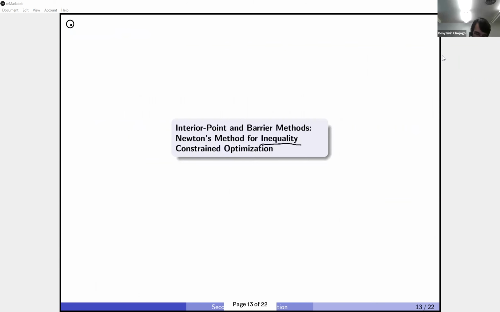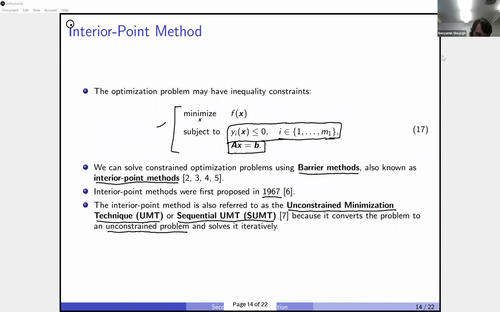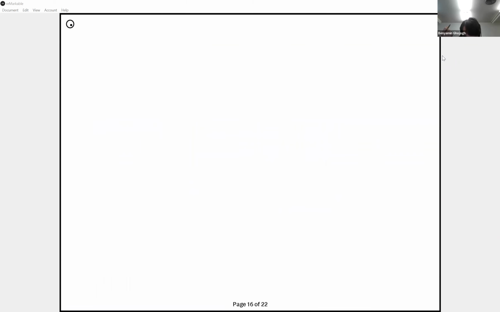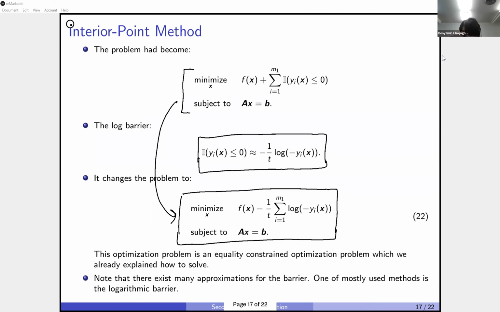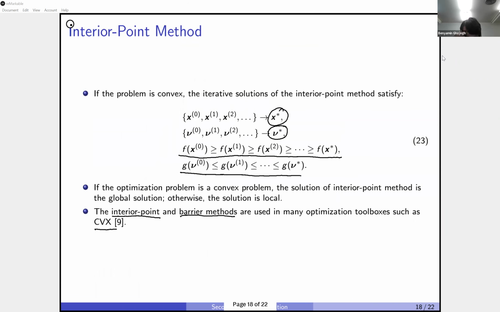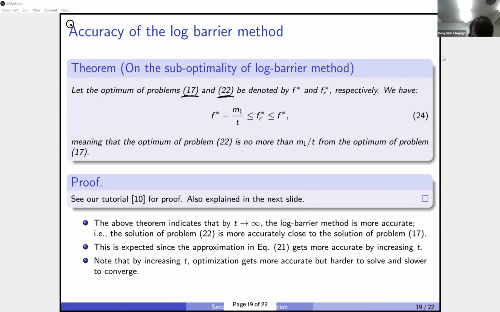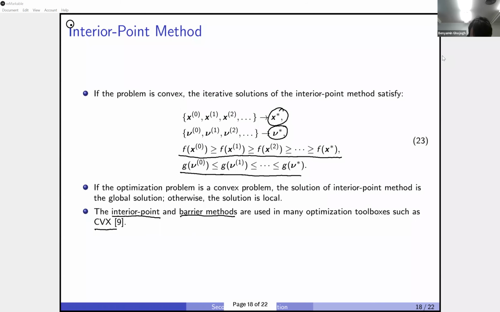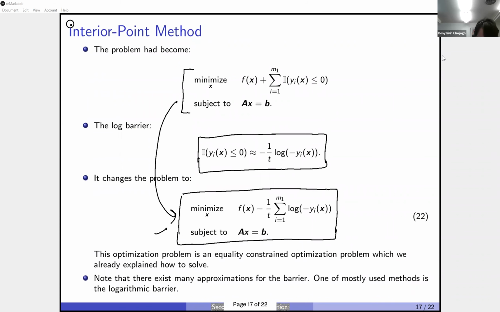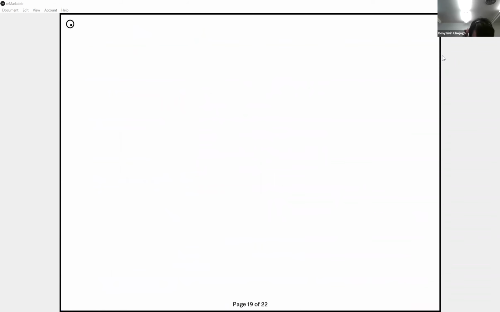Yes, this is the original optimization problem, which was the general case optimization problem. And 22 was its approximation using the log barrier method. This was 22. So we are saying that let's compare their solutions.